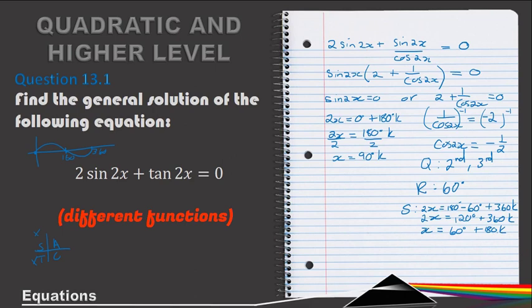Then the other solution, in the third quadrant, we've got 2x is equal to 180 plus our reference angle plus 360k, and this gives us 240 degrees plus 360k. So dividing everything by 2, x is equal to 120 degrees plus 180k. Right, so here are our general solutions. This one, and this one.